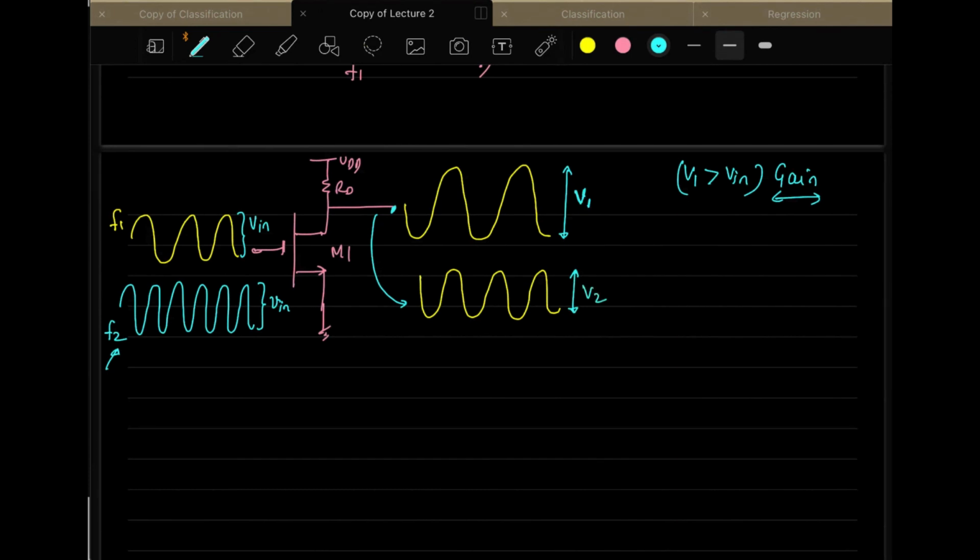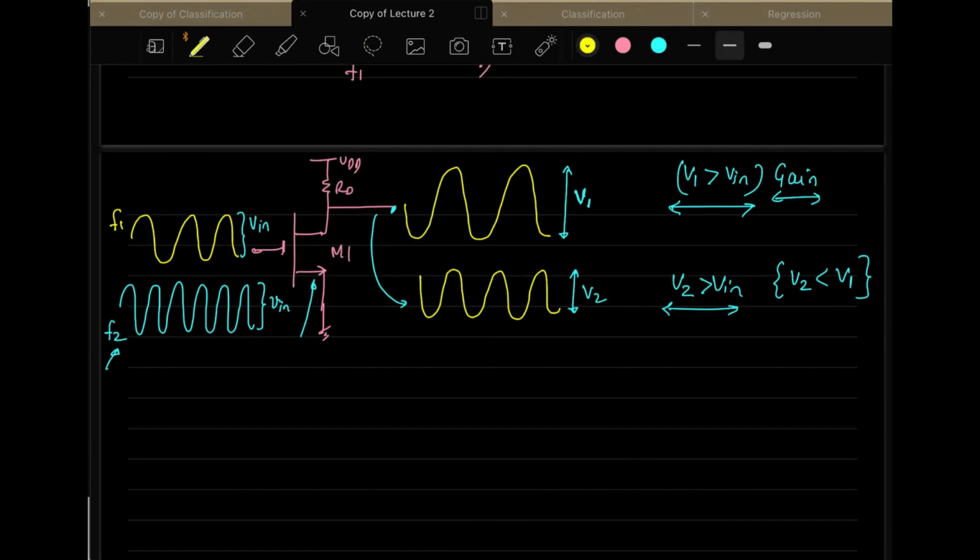What you observe is that V2 is again greater than V in, but V2 is less than V1. That is quite shocking, because as you increase the frequency, the voltage gain is still there, but it is smaller than the voltage gain you got earlier. So your output is reducing.